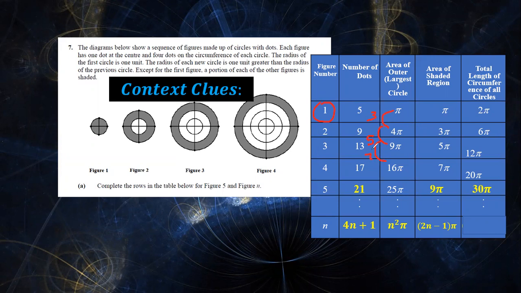It kept increasing every time. From 16 to 25, it was 9. So it's not going to be a linear pattern. It's going to be a squared or a cube, most likely a squared.